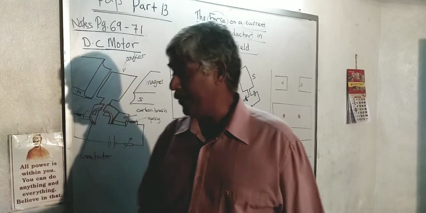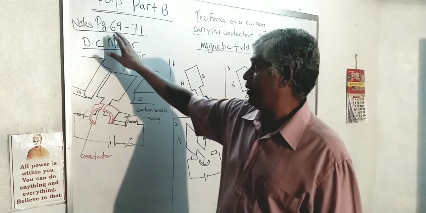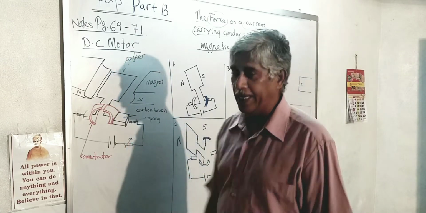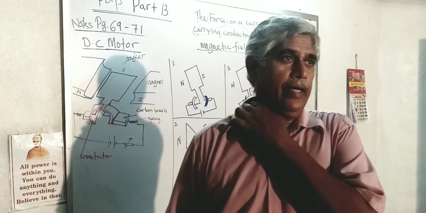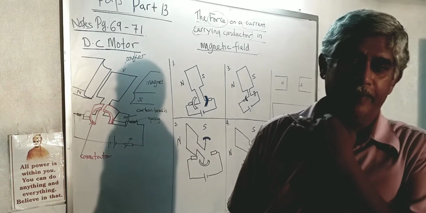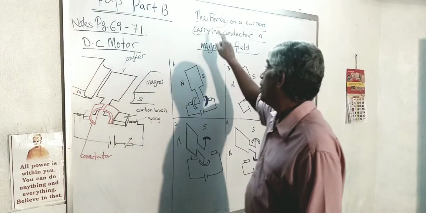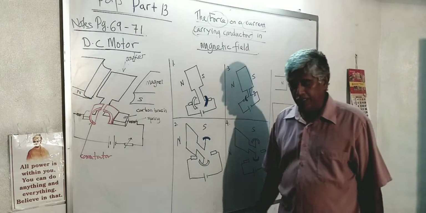So as for today, we are at part 13, and our focus will be on page 69 to 71. Actually all these diagrams you can see in the notes. The other day when I was ending my lesson, we were talking about the force on a current carrying conductor in a magnetic field.